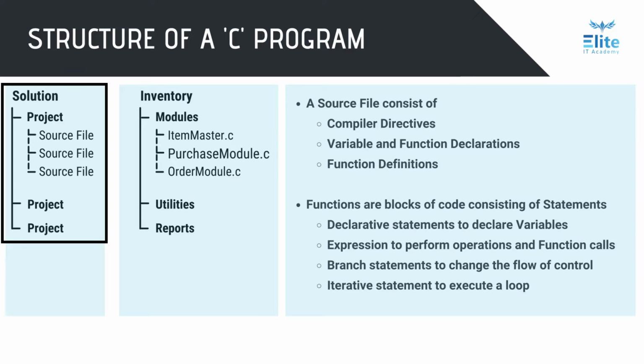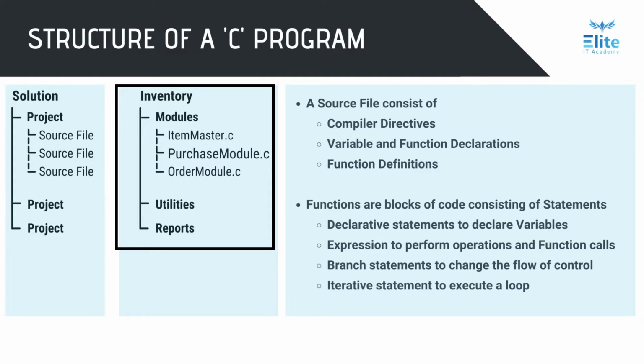This happens when your application is large and you may have many developers developing code simultaneously. Each project in the solution will contain many source files. Typically, you will break large code into different source files, where each source file contains code that manages a certain functionality. Each of these source files will have an extension .c.